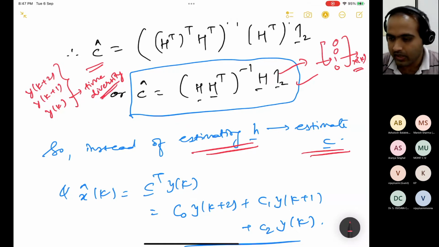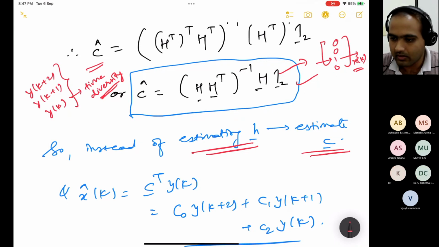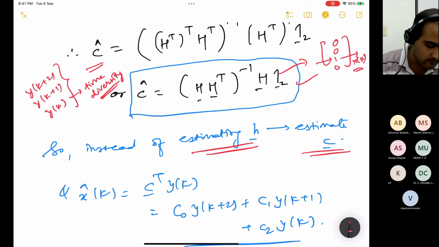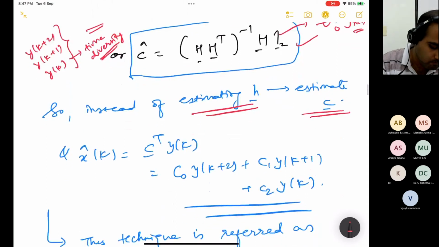That is, we are exploiting the different time instants so that we can compute a better estimate. So this is called time diversity.